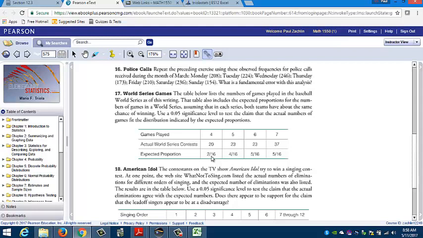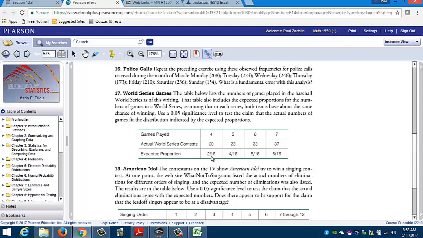And we are getting more, right? Do we expect to get more 6-game series than 4-game series? Well, yeah, we do. Are we getting more 6-game series? Well, we got 3 more. Is that enough more for me to think that it's following the expected probabilities, or am I starting to say the model might not be quite right?